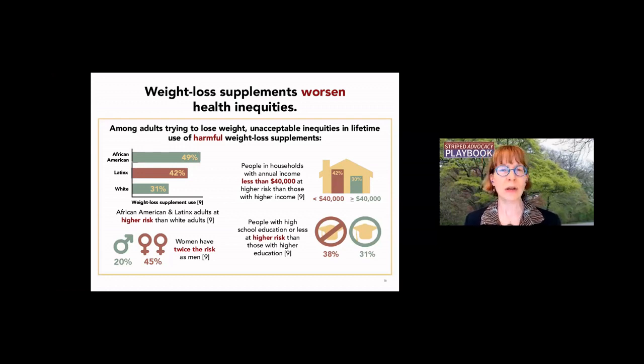And there is targeted deceptive marketing to these communities. We know in households, the lower income households have higher rates of use. In research with cisgender men and women, we see women having twice the risk of using these products as men, especially the weight loss ones. On the muscle building side, we see them more often used in men than women. And as I mentioned early on, we know there's higher rates in transgender and gender non-binary communities too.